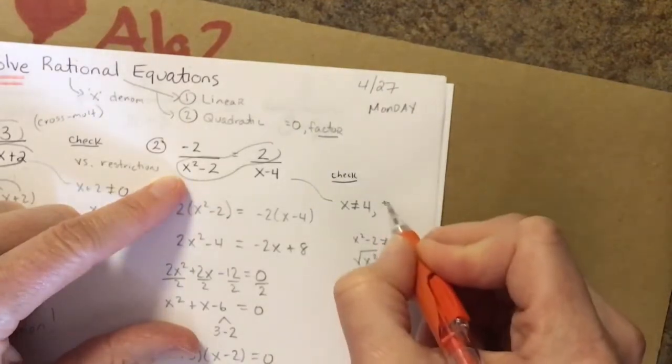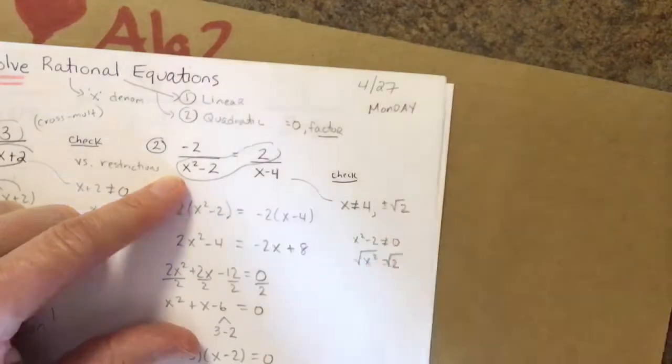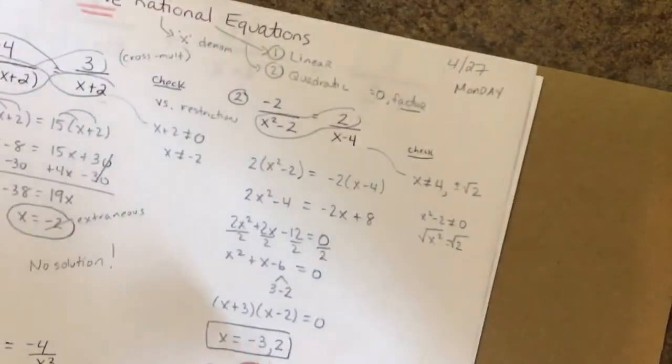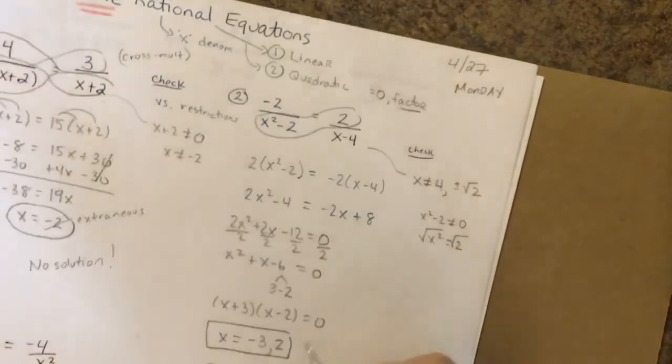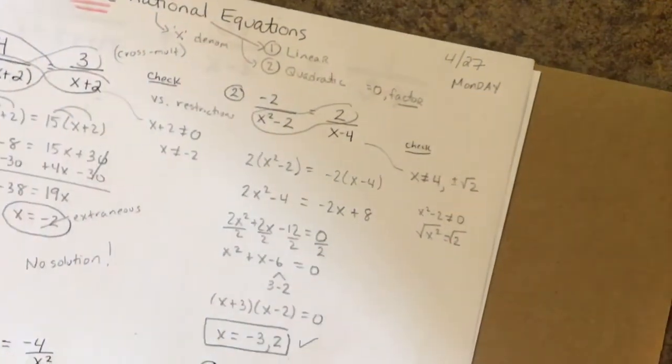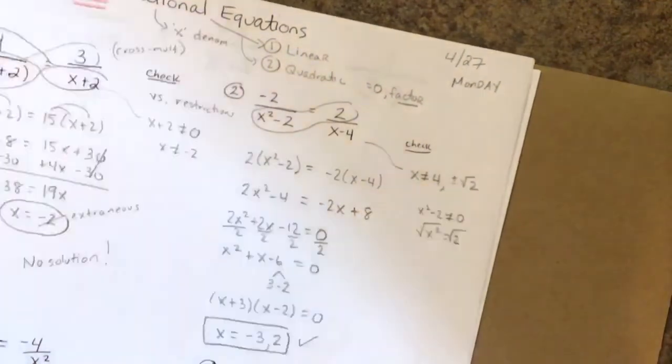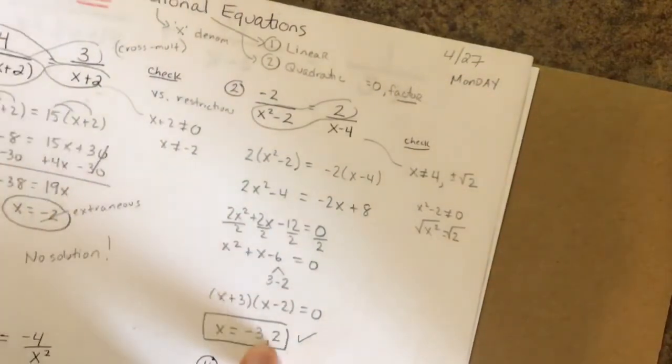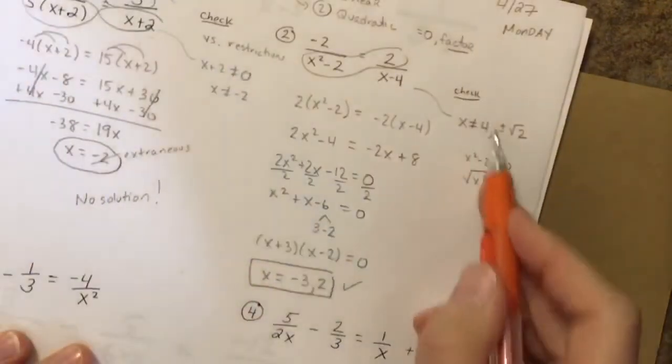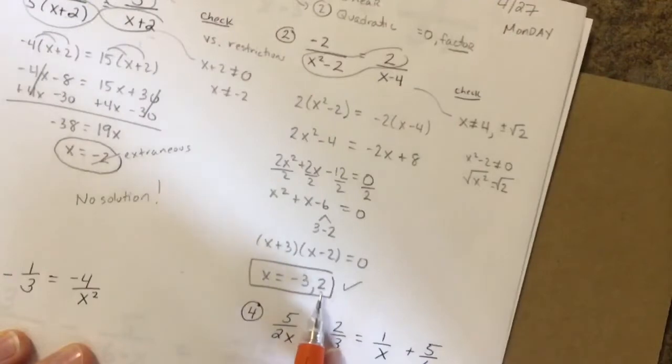So it cannot be positive or negative square root of 2. Well, I didn't get square root of 2, negative square root of 2, or 4, so they're both good. These are restrictions. We didn't get them. Typical. If you have a restriction, typically one will be extraneous, the other one will be good.